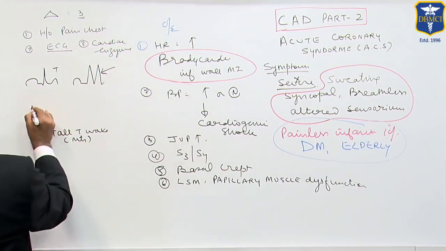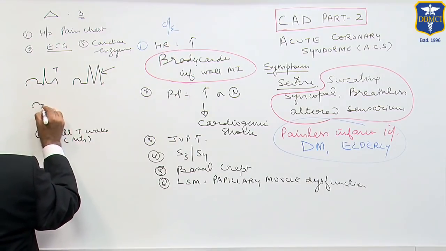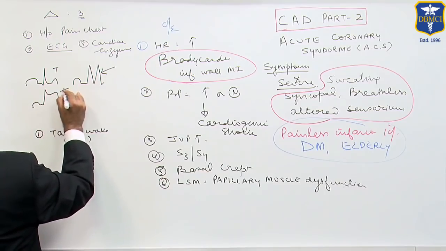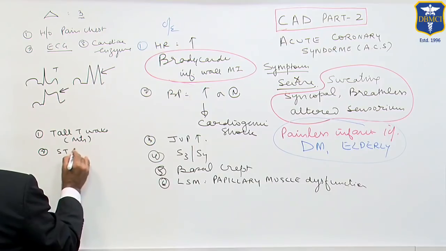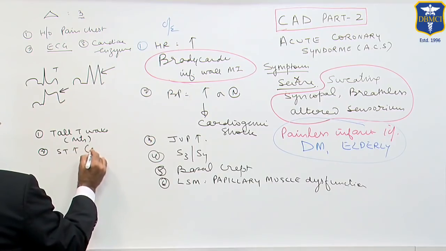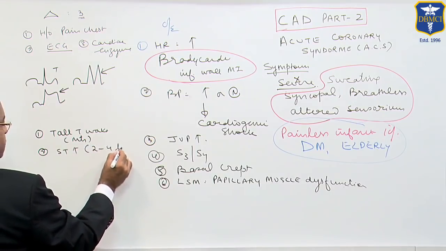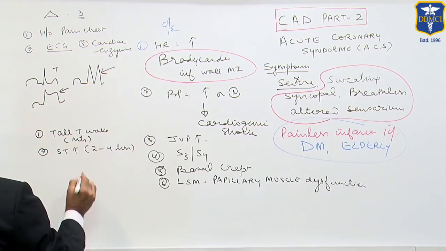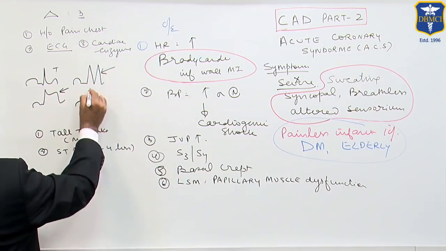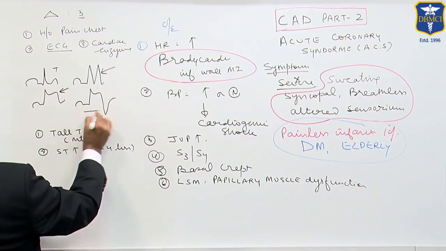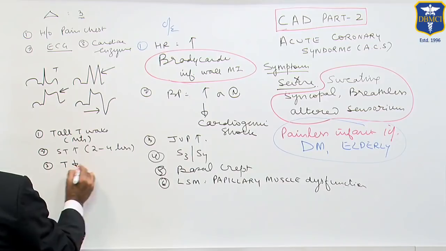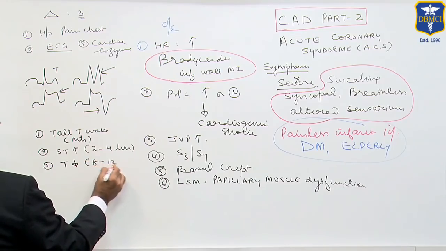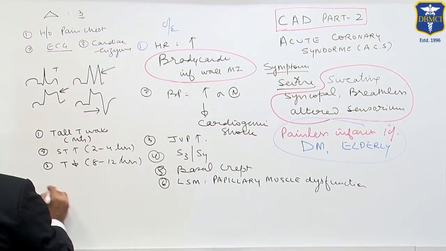After that, ST elevation. This is the ST elevation. ST segment elevation occurs in around 2 to 4 hours. Then occurs T wave inversion, in around 8 to 12 hours.